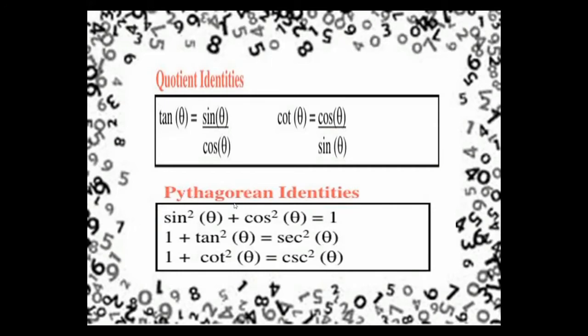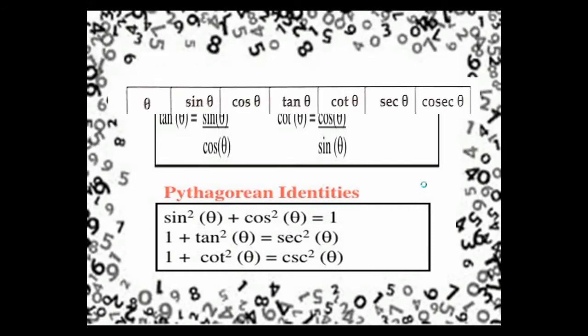Their other arrangements: from sine squared theta plus cos squared theta equals 1, we also say sine squared theta is equal to 1 minus cos squared theta. In the second, tangent squared theta is equal to sec squared theta minus 1. Same in the third identity, cot squared theta is equal to cosec squared theta minus 1.